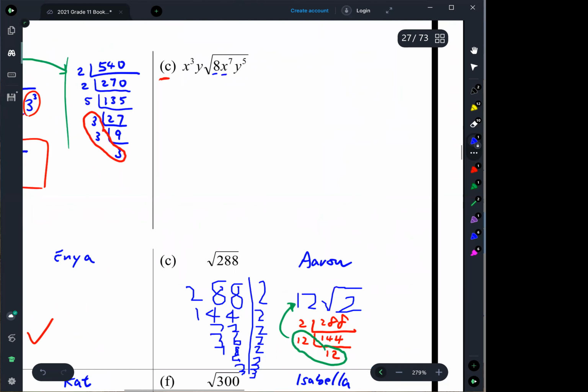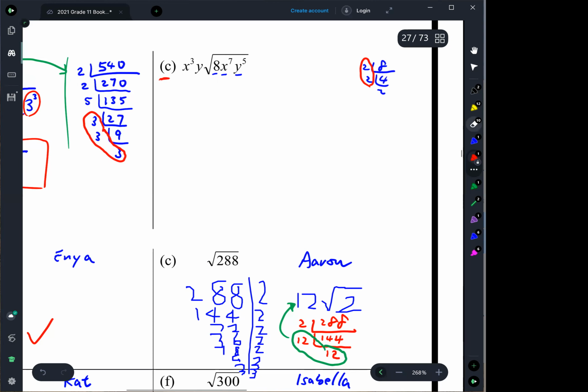All right, here we go. Okay, so we have the 8, the x, and the y, right? So if it's a square root, we need pairs, right? So for the 8, we'll do the factor on the side, or you can do it in the head, right? 8 is not a big number, so we know it's 2, 2, 2, right? So we have a pair of 2 to go out, right?